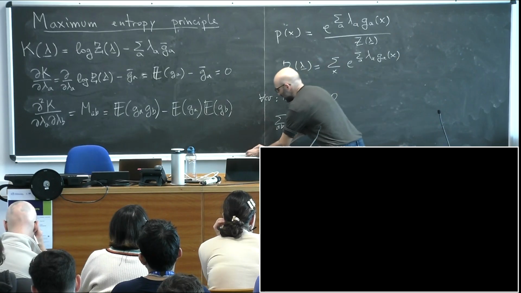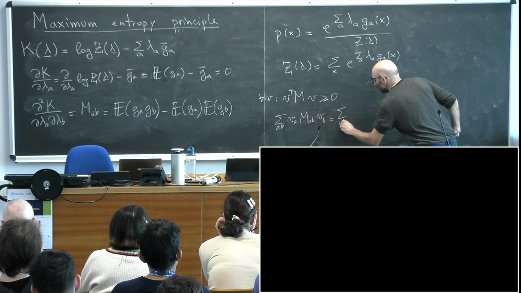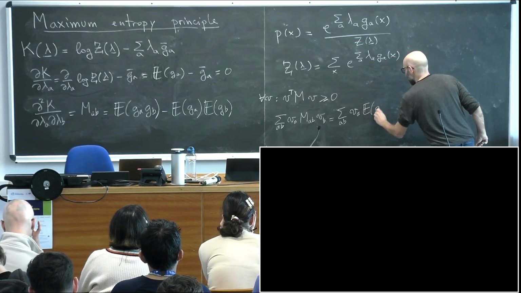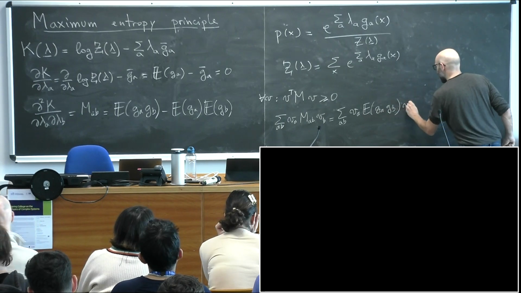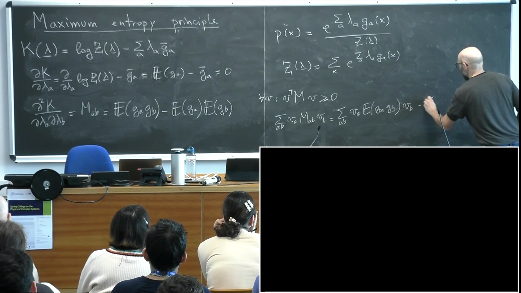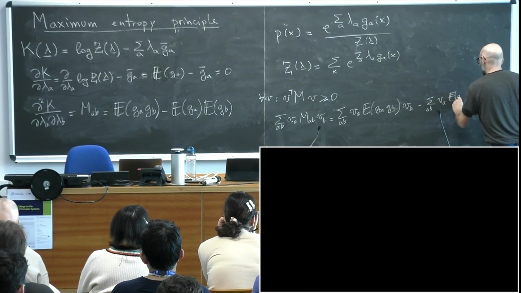And so when I do this, what I get is the sum over a, b of v_a expectation of g_a g_b times v_b, minus the same thing with the product of expectations.